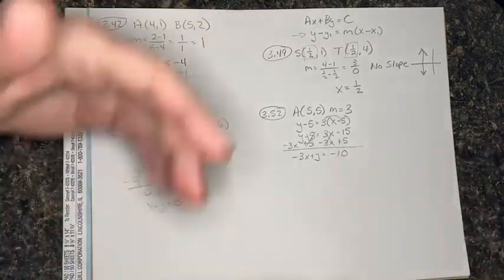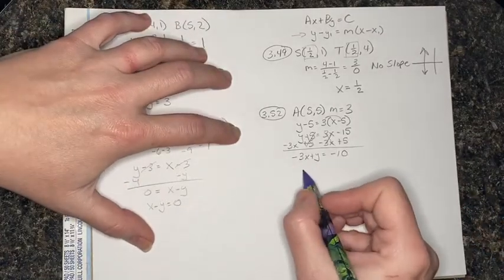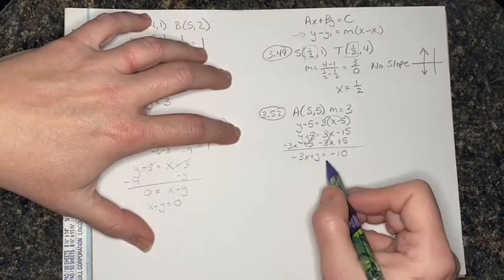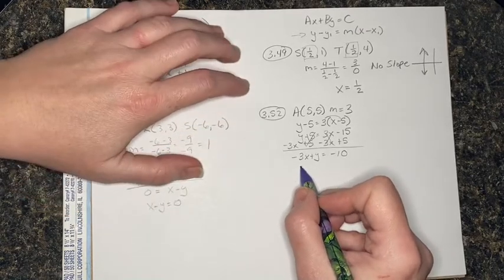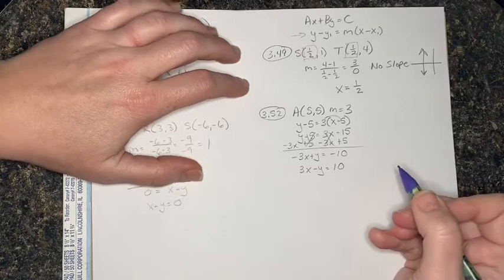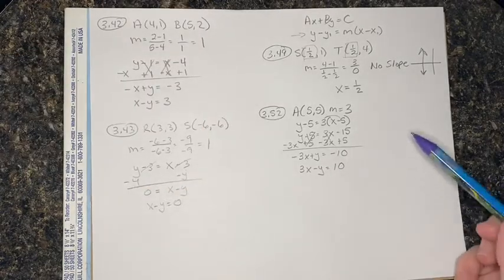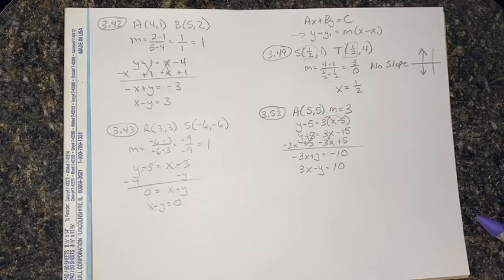So I just want you to get comfortable with changing this over. They almost always want a positive x. So this line is correct, but it's also correct written as 3x minus y equals 10. Both of those are correct. Let's look at another one like that.